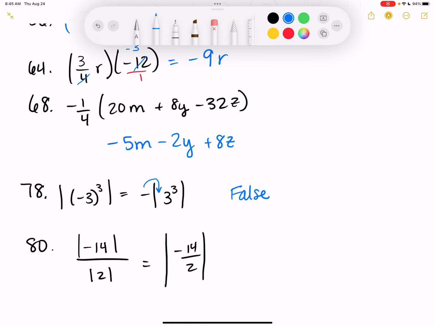Yep, it is true because if we have something that's in a whole absolute value, it can be split into two separate ones, like if it's a division or fraction, and vice versa. So, yep, that would be true.